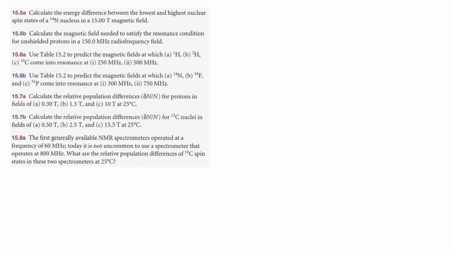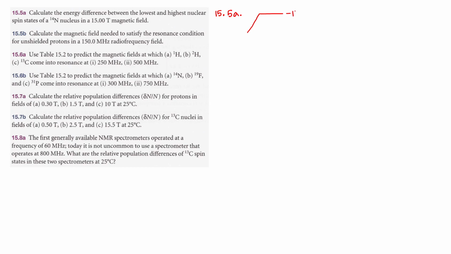Now let us see what the next question is. The next question is a different one, that is 15.5a. Calculate the energy difference between the lowest and highest nuclear spin state of 14N. Okay, let's do it. So for 15.5a, obviously from what we have discussed till now, nitrogen will have three states.